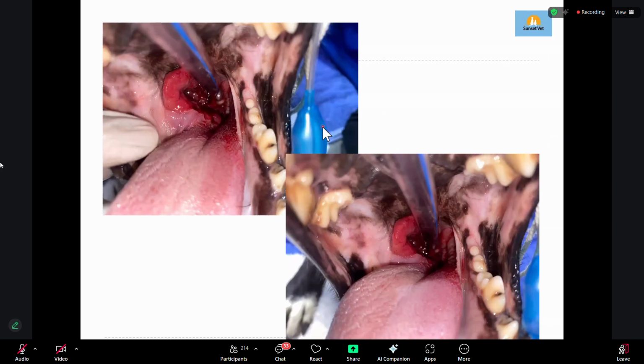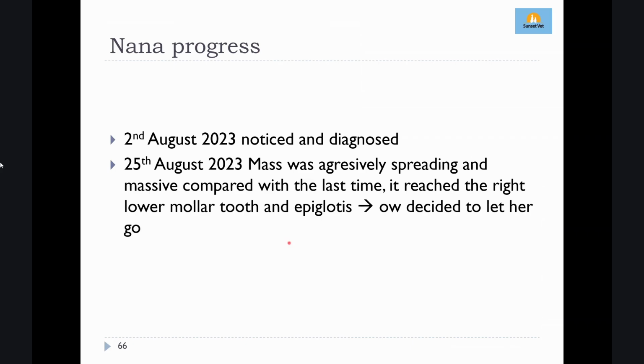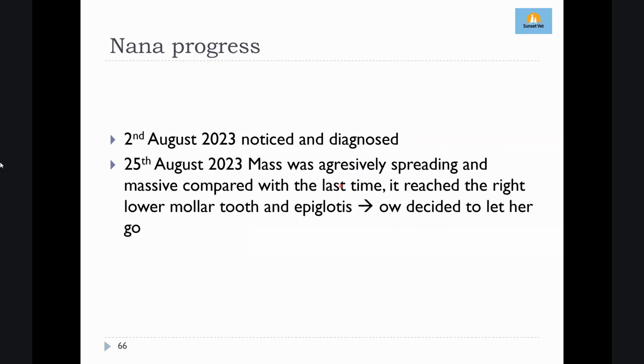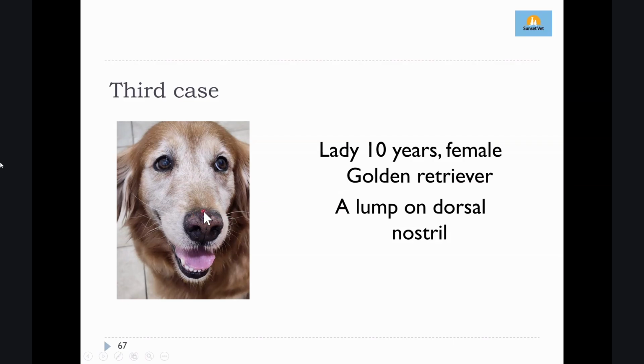When we checked the oral cavity, you could see there was an oral mass and it had spread to the lymph node. And then we decided to let Nana go, to euthanize. And then Lady, a 10-year-old female golden retriever, has the same kind of mass here.